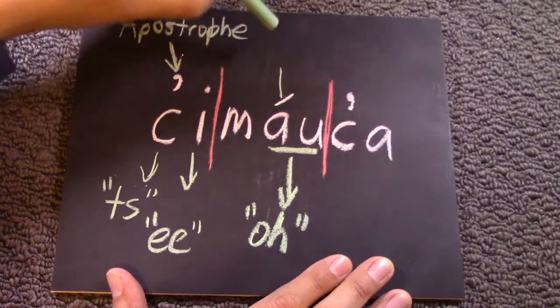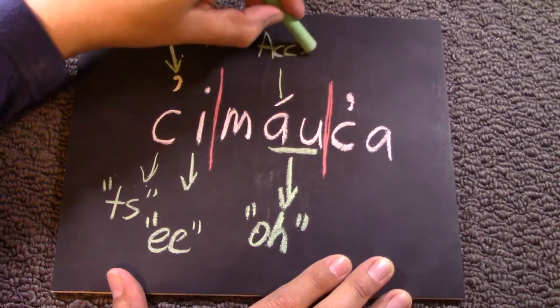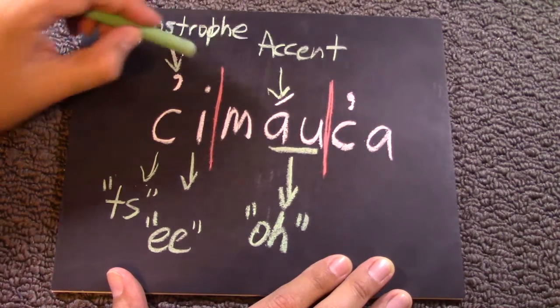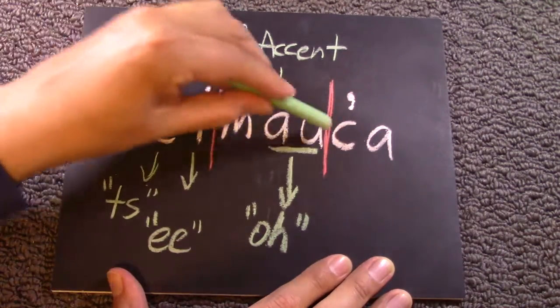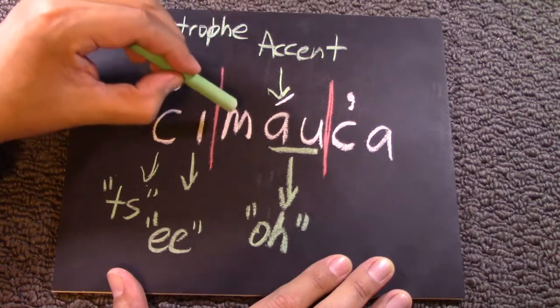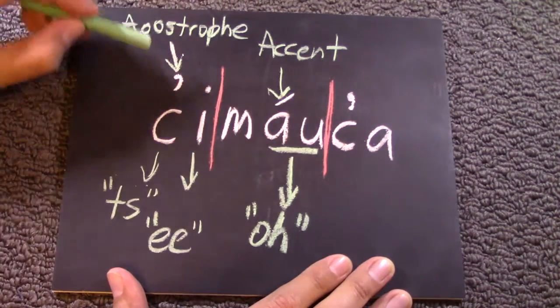And we have over top of this A an accent mark. So it tells us out of these three syllables, we're going to hear more emphasis on this second syllable here. So it's going to be a higher tone than the other two syllables.